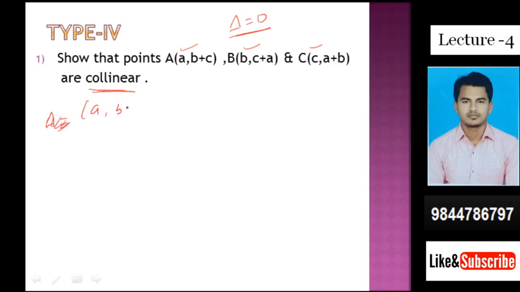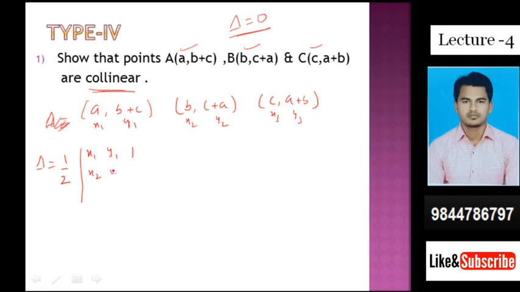That is 3 points, a comma b plus c, b comma c plus a, c comma a plus b. This is nothing but x1 y1, x2 y2, x3 and y3. Now delta is equal to 1 by 2 determinant of x1 y1 1, x2 y2 1 and x3 y3 1. Delta is equal to half into a, b plus c, 1, b, c plus a, 1, c, a plus b, 1.